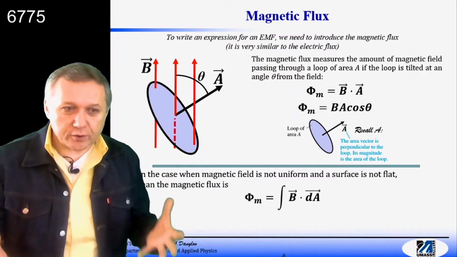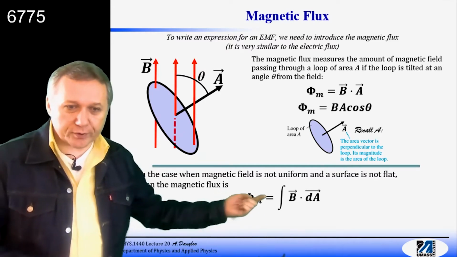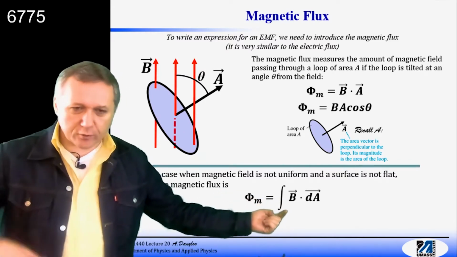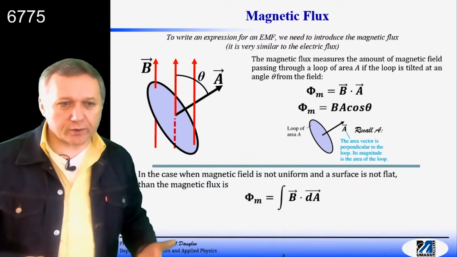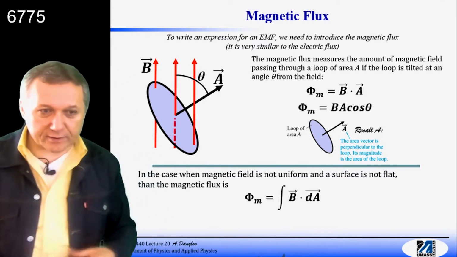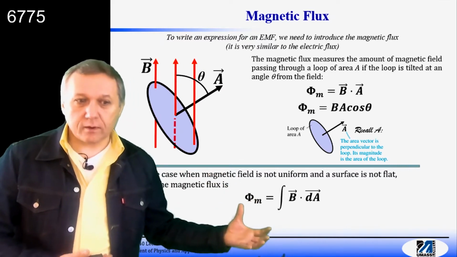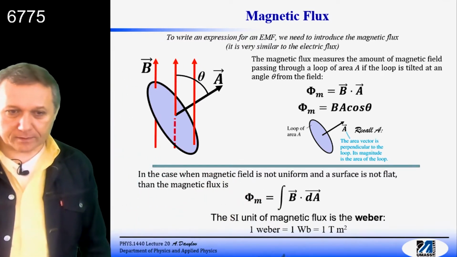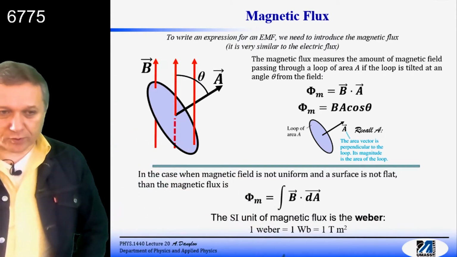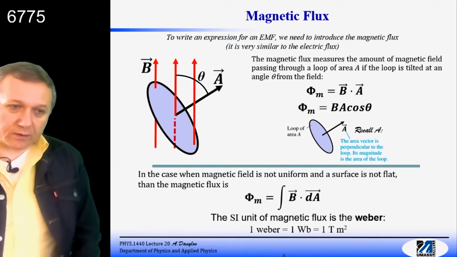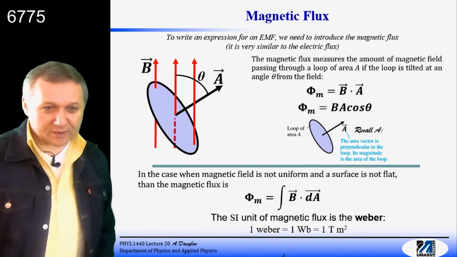If a quantity is used a lot, it makes sense to introduce a special unit, so that people wouldn't have to say every time, I have a flux of 5 Tesla times meter squared, or 10 Tesla times meter squared. It can be annoying. So we introduce the special unit, the Weber: 1 Weber is 1 Tesla times meters squared, just to make life slightly easier for people working in the industry.